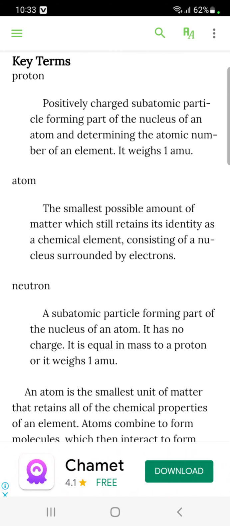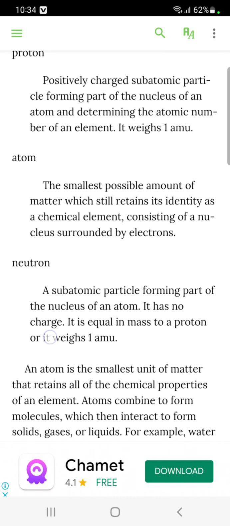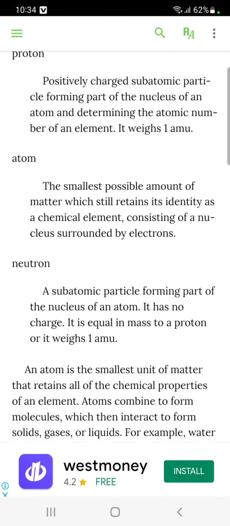Atom: the smallest possible amount of matter which still retains its identity as a chemical element, consisting of a nucleus surrounded by electrons. Now in the last one we have to discuss neutron. A subatomic particle forming part of the nucleus of an atom. It has no charge. It is equal in mass to a proton, or it weighs 1 m.